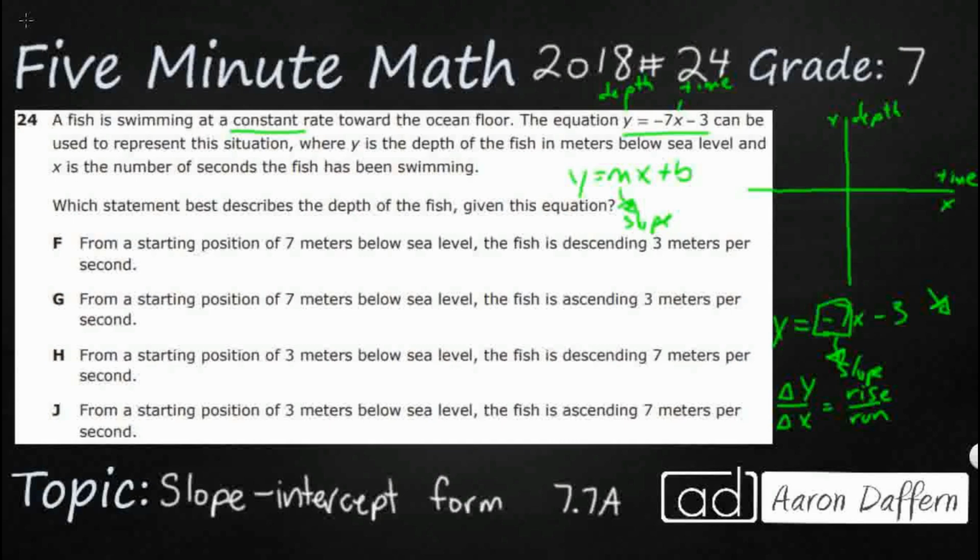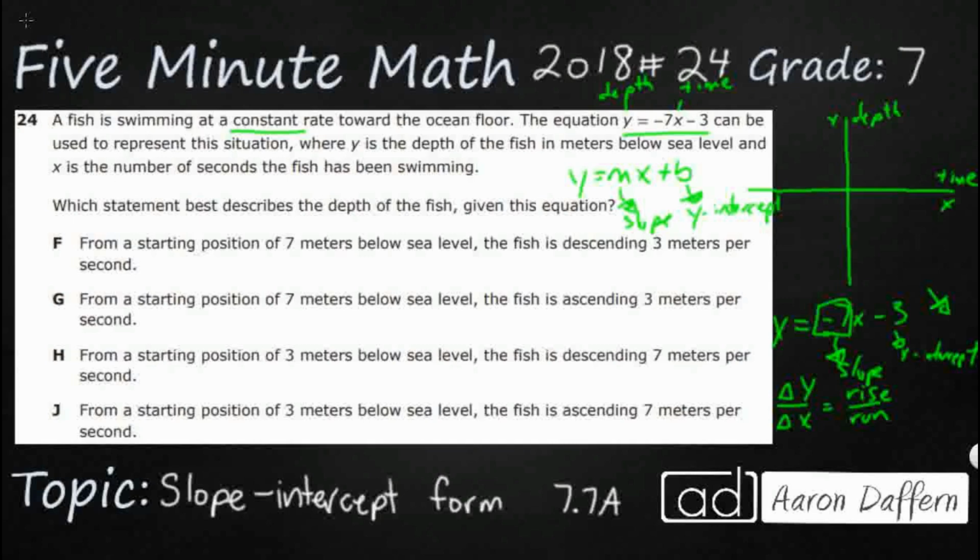And then this b right here, this is our y-intercept. This is what we get when we make the x 0, and we see where the line crosses the y-axis. In this case, it's the depth. So our y-intercept right here is negative 3. So it's going to cross the y-axis at negative 3.